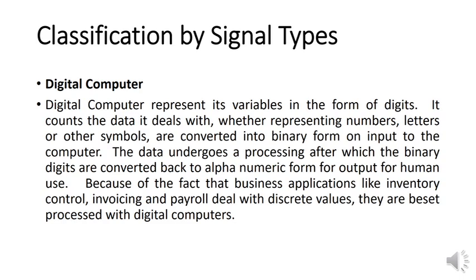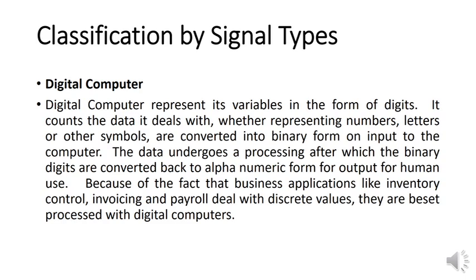So the data undergoes processing, after which the binary digits are converted back to alphanumeric form as output for human beings to be able to read and make use of it.